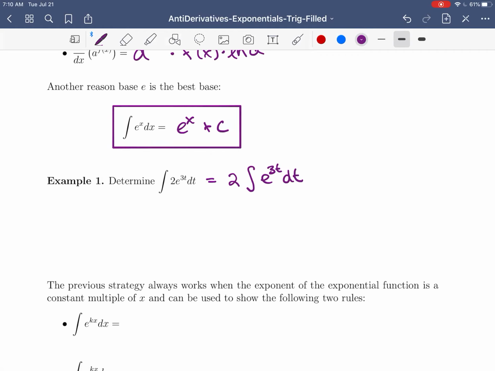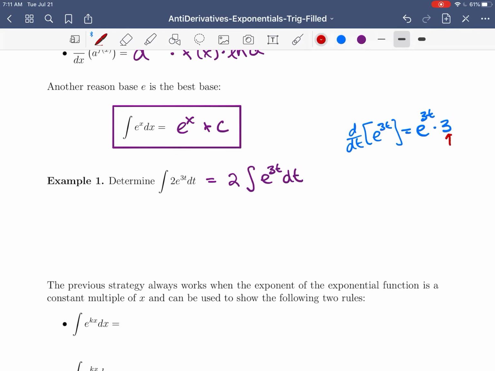Okay. And then if we think about our derivatives, probably this e to the 3t has to come from an e to the 3t. So let's just see what would happen if I took the derivative of e to the 3t. So using our rule above, it's going to be e to the 3t, but then I have to multiply by the derivative of the exponent, which is 3.